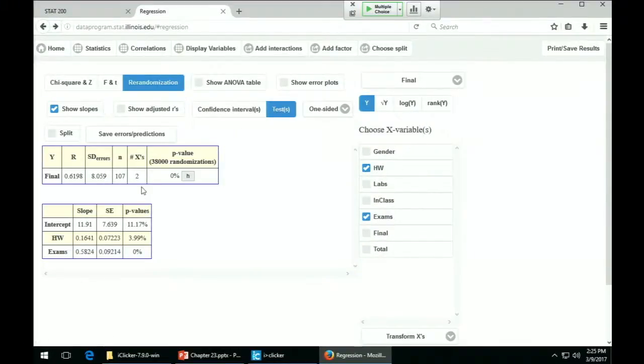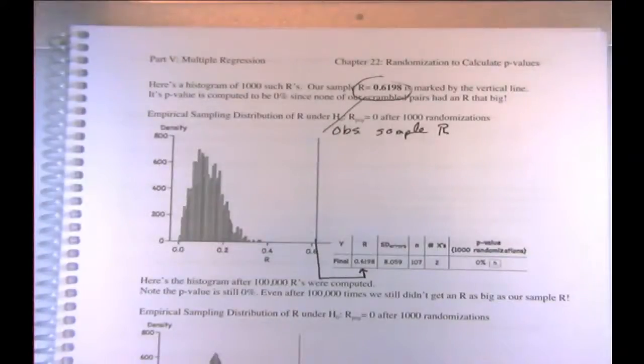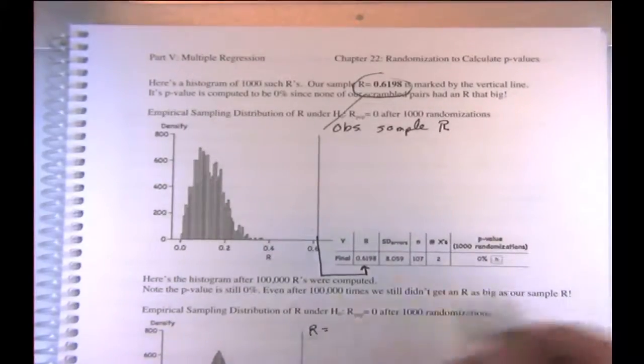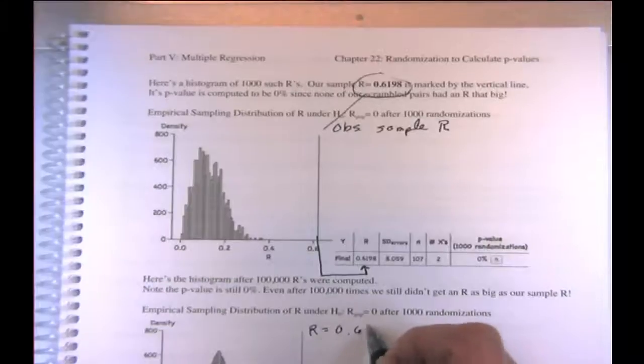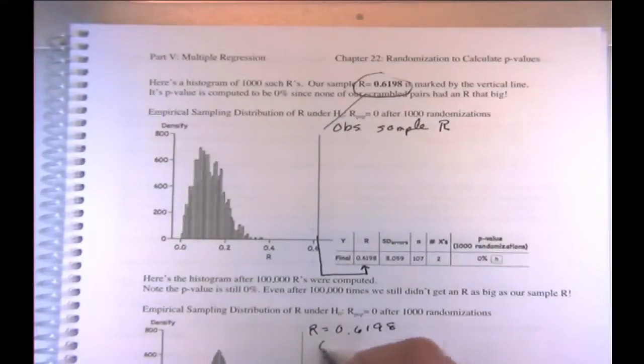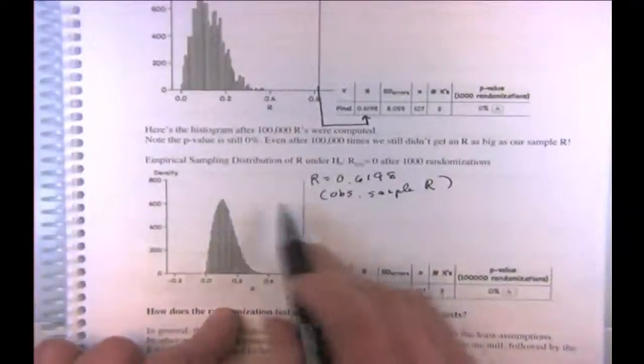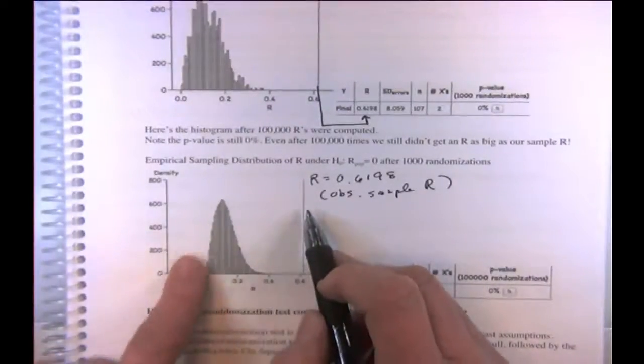All right. So let's go, and now we're just going to do ANOVA. The last section is on ANOVA. So this is the same thing. So this is our, right here, we've got an R equal to 0.6198, and that's our observed sample R. And we're looking at how far this is from what we'd expect under the null.